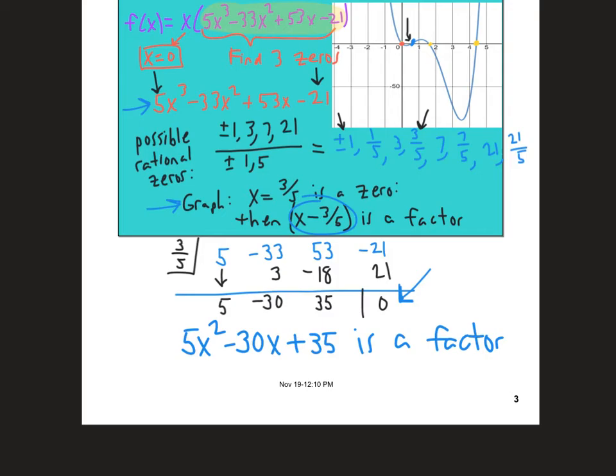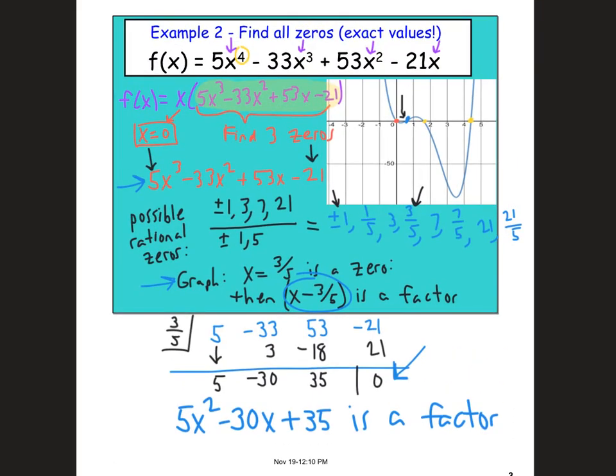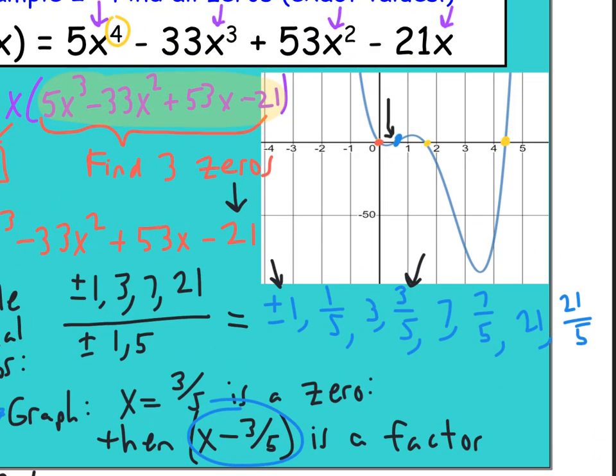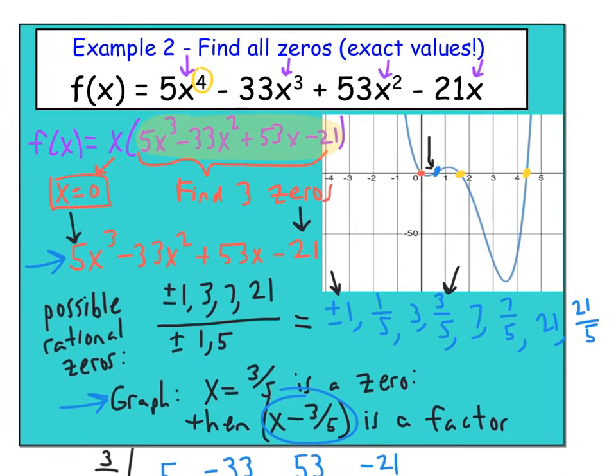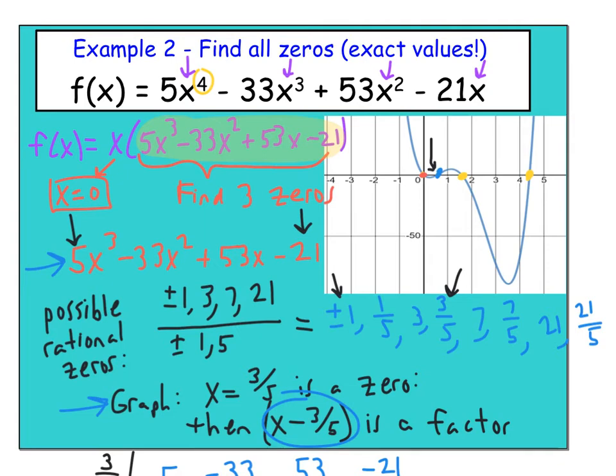Now some of you might be thinking, and I kind of hope you're thinking, why couldn't we just go to the graph? If we got the 0.6 from the graph, why can't we just get these from the decimals and call it a day? It's a good question, but the issue is we need exact values, and chances are these are going to be irrational numbers.